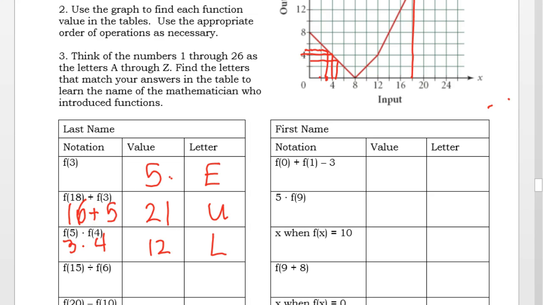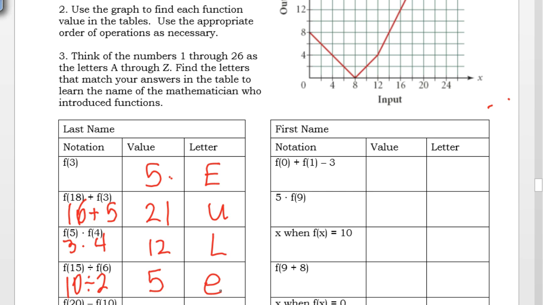I can see those both right now. f of 15 is 10, and f of 6 is 2. So I might suggest using pencil to really do these lines kind of lightly, because mine was getting really crowded, or maybe just tracing them without having to write them. But I got 10 over 2, and that is 5, and that's another E.